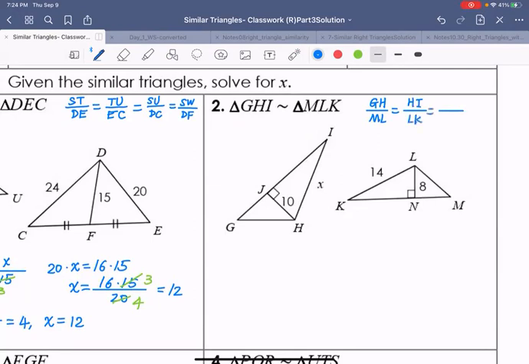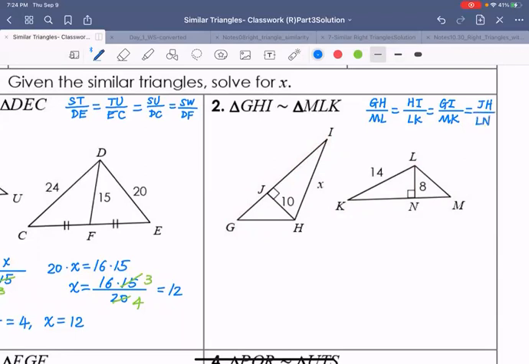And also, this guy, GI is corresponding to MK. So this altitude will also be proportional, correct? Yeah, so HJ over LN.